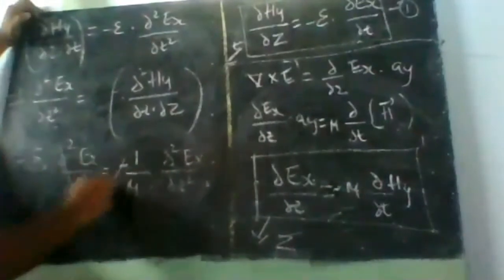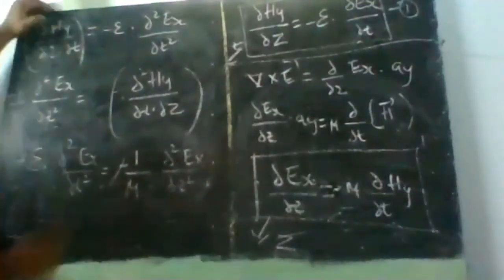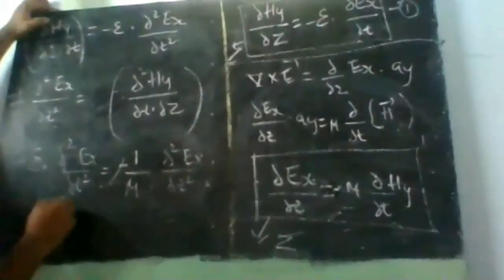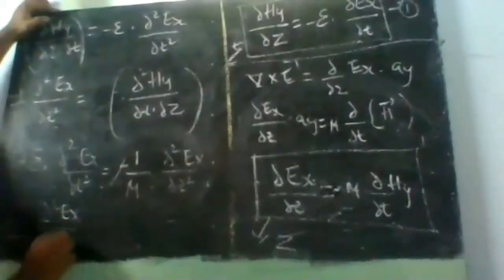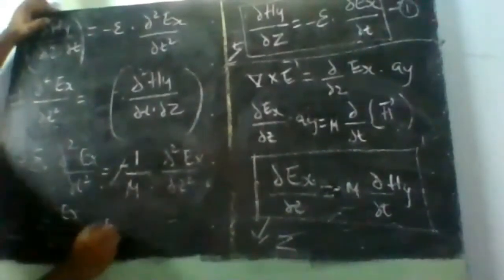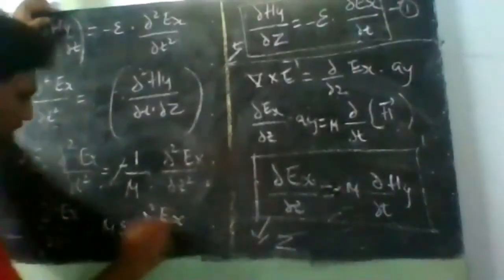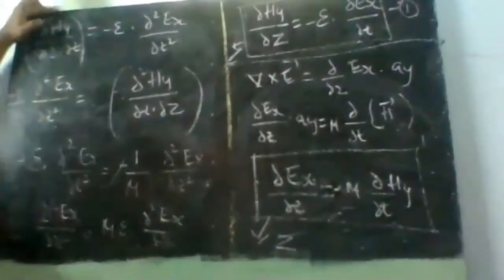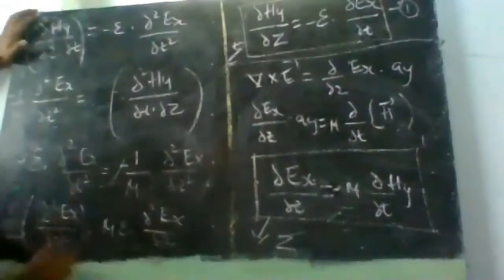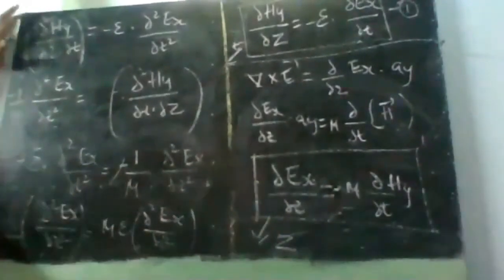So this gets cancelled: dou square Ex by dou z square is equal to mu epsilon into dou square Ex by dou t square. This is similar to the equation that we derived yesterday.